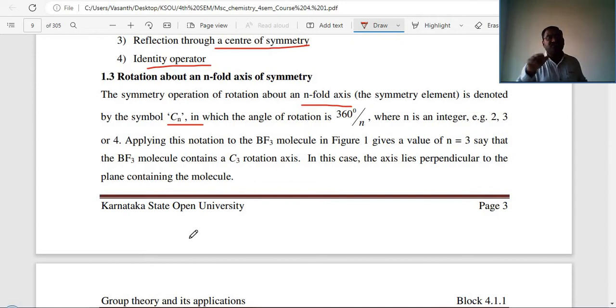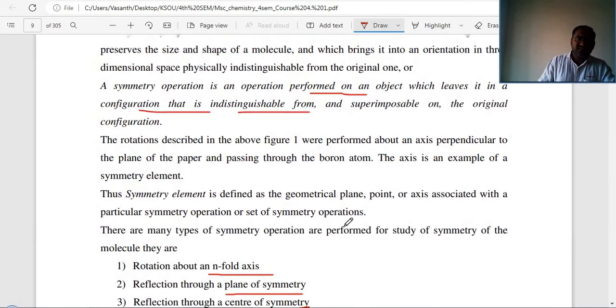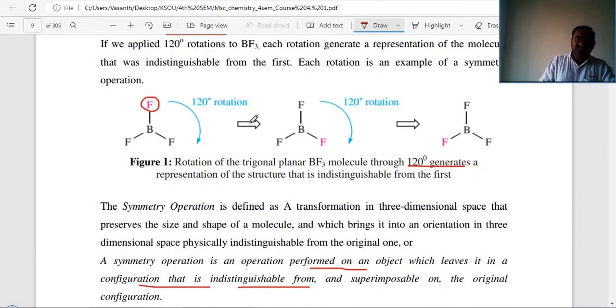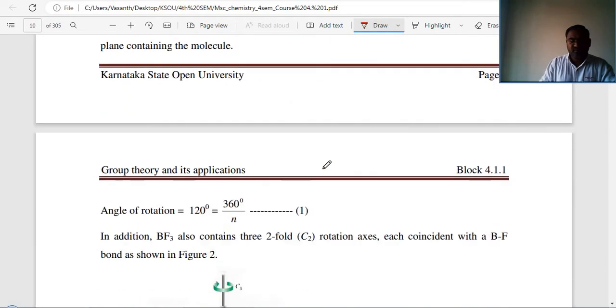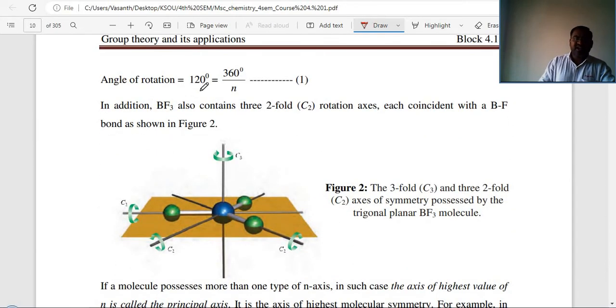Applying this notation to the BF3 molecule, n is equal to 3. That means first rotation n is 1, then n is 2 and n is 3. What is the angle here? 360 by 3 rotations, so the angle of rotation is 120.